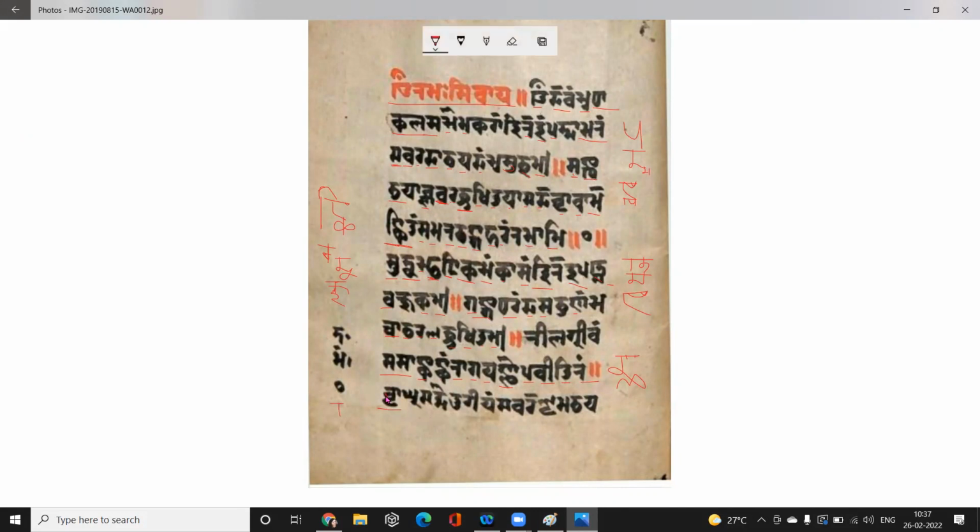If the line was straight and there was no line coming down, then it would have been Na. But this is Va because this line is touching here. Vyagram. Correct. Vyagra. I don't think this is Ma. This is Cha because the line is slanted. You see this? Okay. So this is Cha.